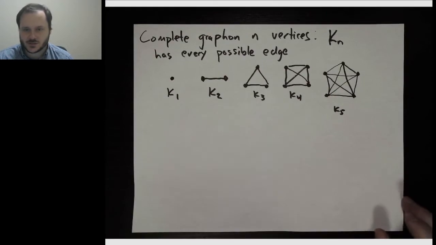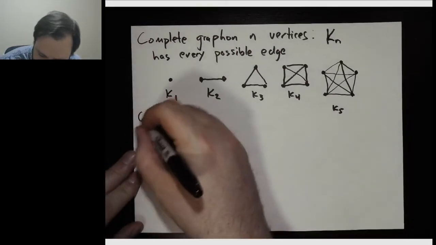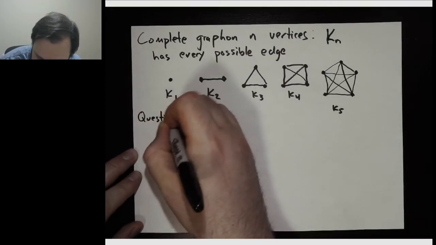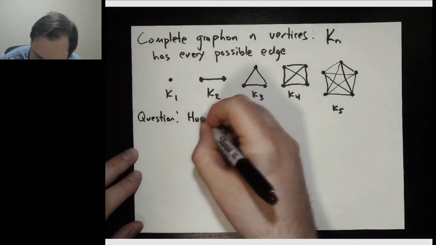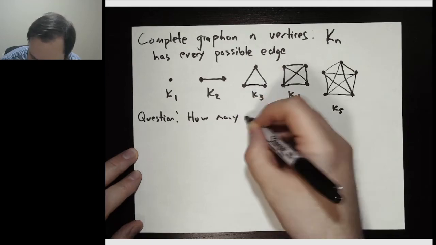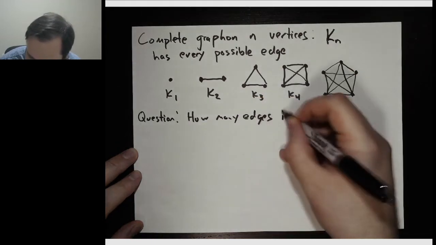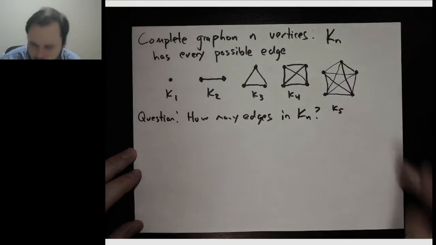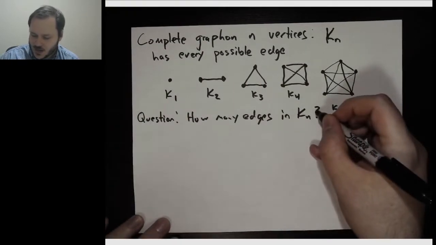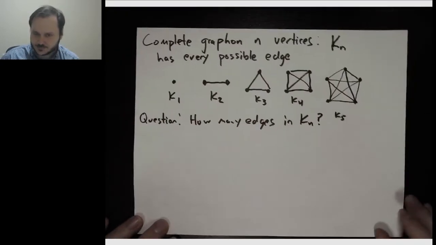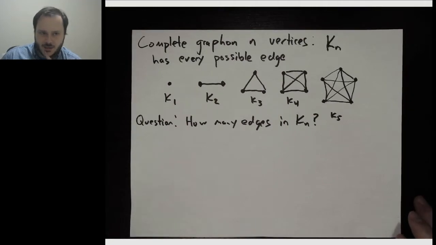No possible edges. So question, how many edges in Kn? We just finished talking about counting problems. Well, what is an edge? This isn't a directed graph.